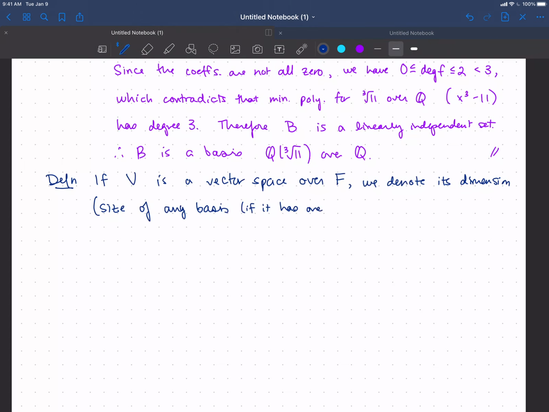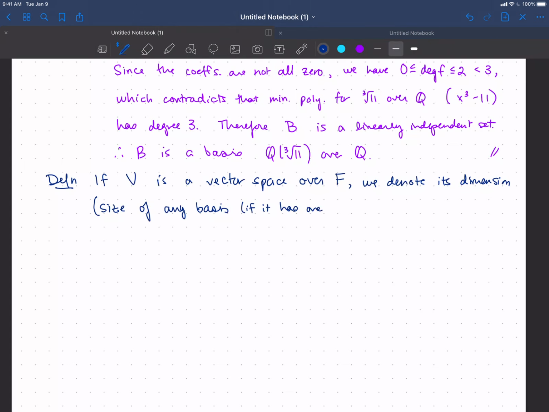And we use this bracket colon notation that we've seen before. So we denote the dimension as bracket V colon F bracket. And in our previous example, we have that the dimension of Q adjoin cube root of 11 over Q was 3, right?